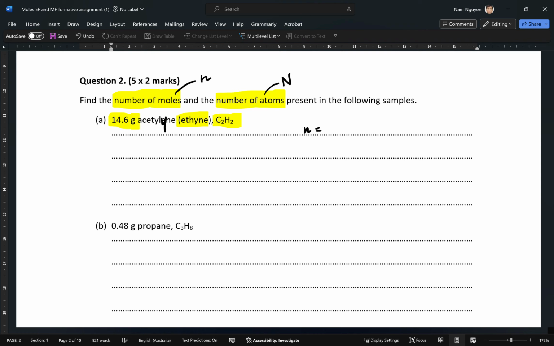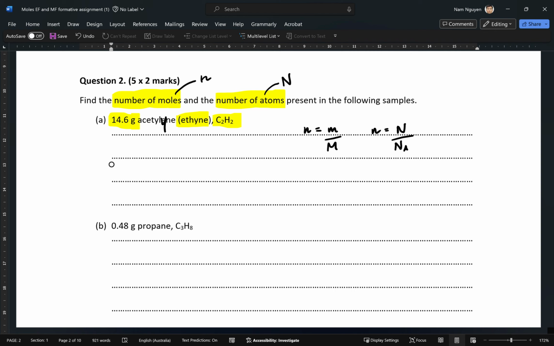Number of moles is equal to the mass over the molar mass, capital M, and number of moles is also equal to the number of particles over the number representing 1 mole, which is Avogadro's number, which is that symbol.